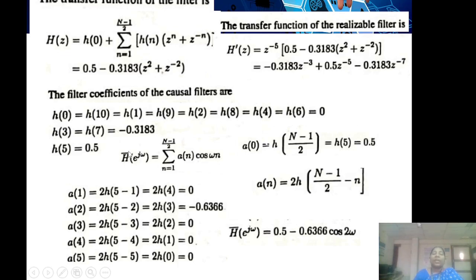Next we apply the magnitude function, given by the summation n = 1 to (N-1)/2 of a(n) cos ωn.